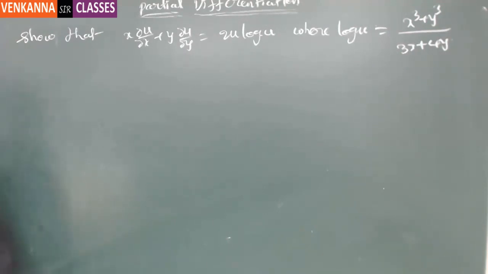Can you show that if log u is given as (x³ plus y³) divided by (3x plus 4y), then x ∂u/∂x plus y ∂u/∂y is equal to 2u log u.